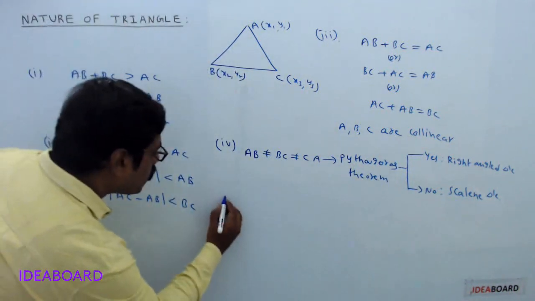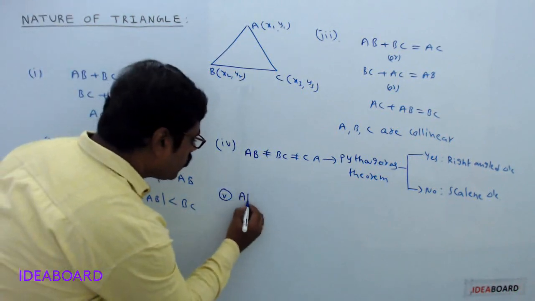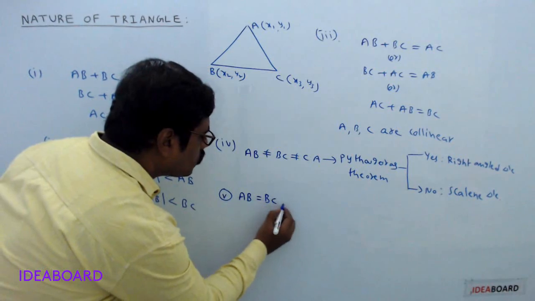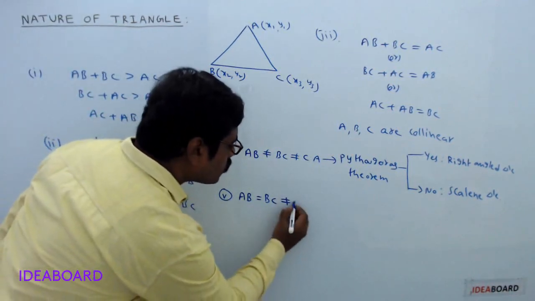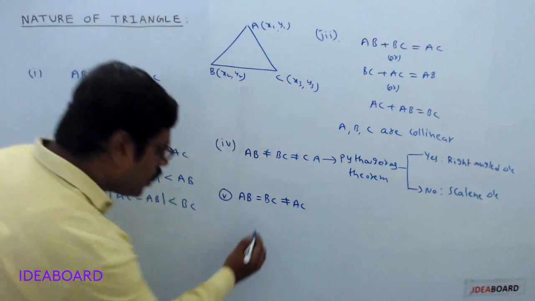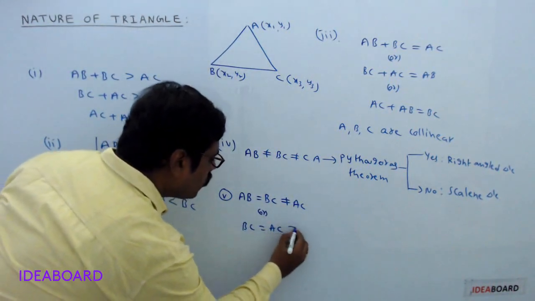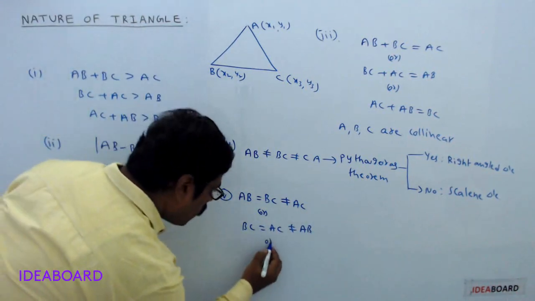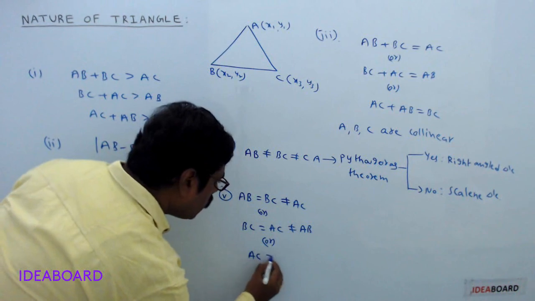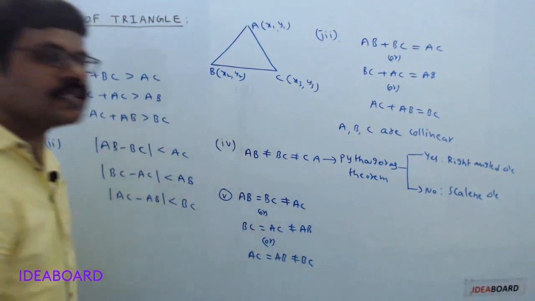Now come to another point, the fifth point. Suppose AB is equal to BC but not equal to AC, or BC equals AC but not equal to AB, or AC equals AB but not equal to BC.